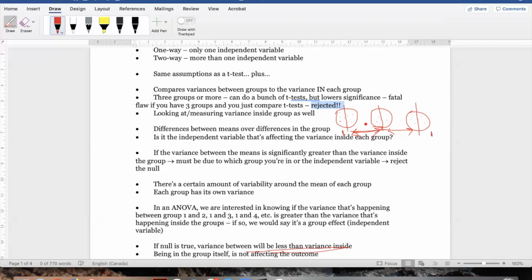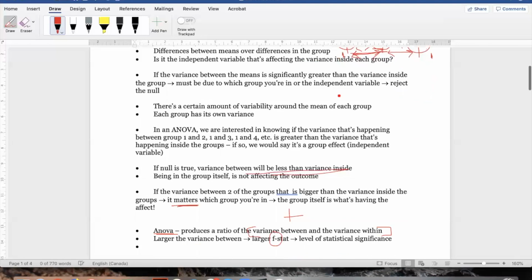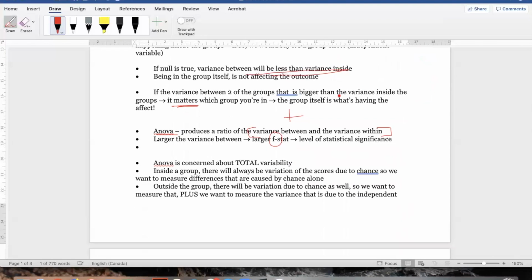You don't know the differences between these groups, which I know is confusing because we drew those arrows earlier. The point is, the difference could be more like this. The point is that this difference is what matters, right? And it's what we're measuring.